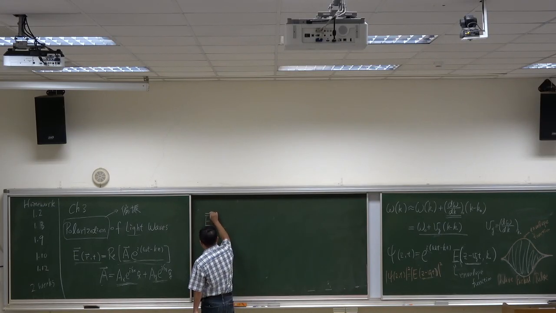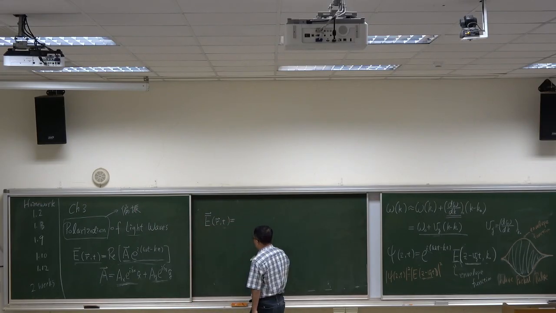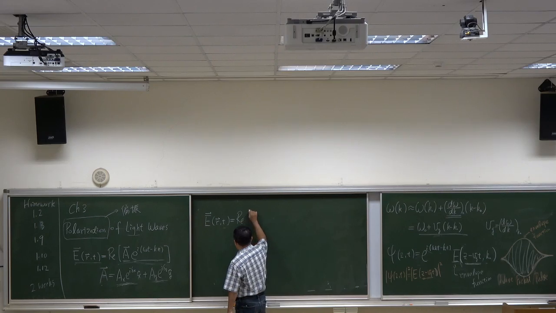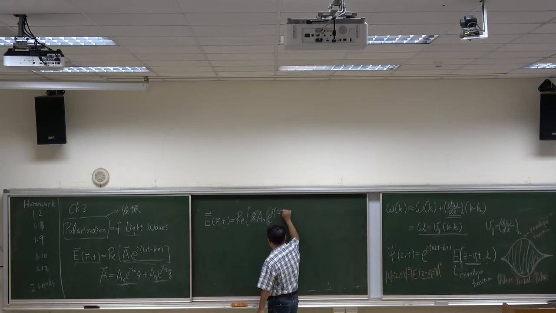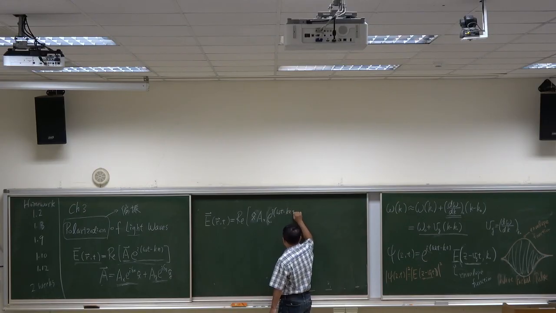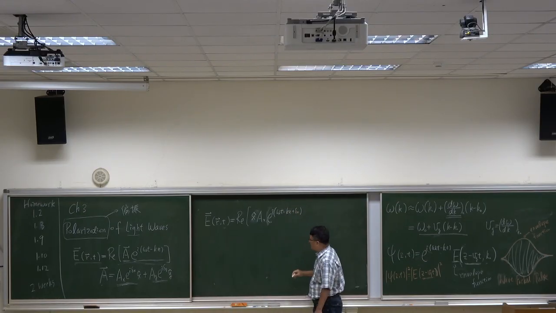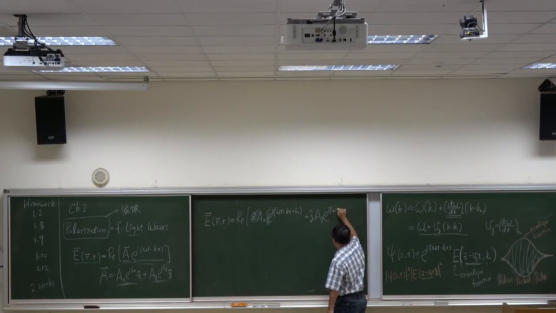Okay. So now E of r, t can be written as real A. I can write this x component Ax times exponential i(omega t minus kz plus delta x), plus y unit vector times Ay times exponential i(omega t minus kz plus delta y).